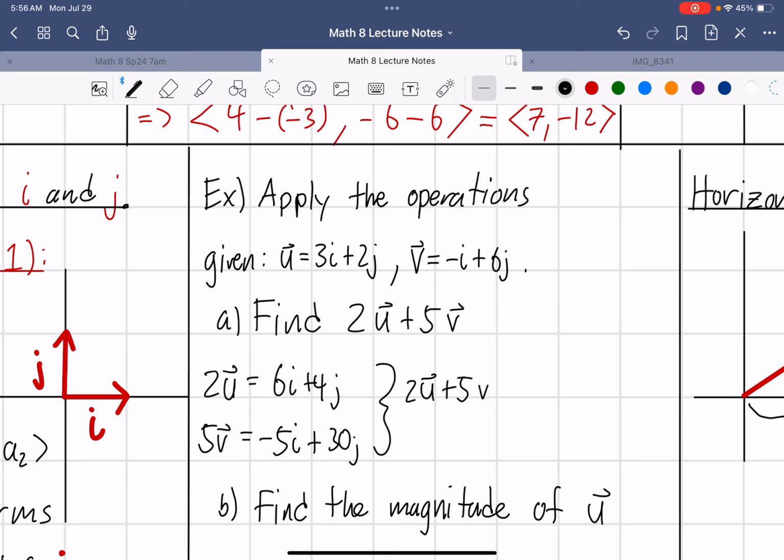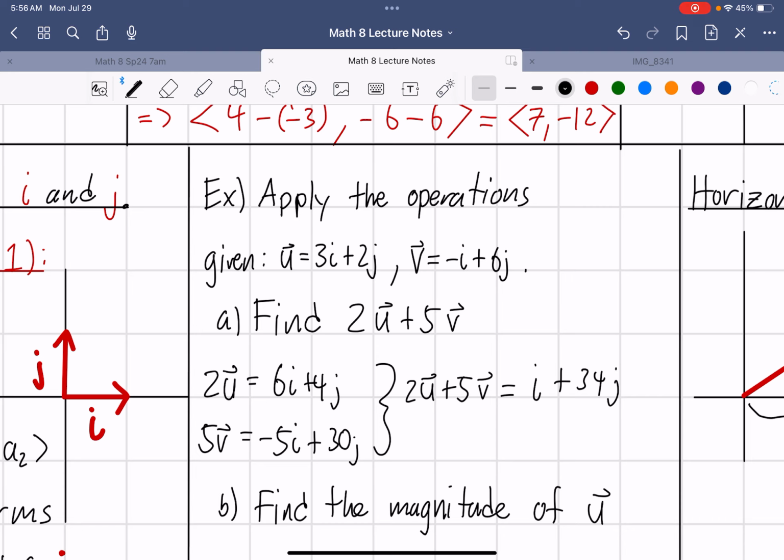Now adding these two together, to add vectors, remember, all you do is add the corresponding components with each other. So essentially 6 plus negative 5 is just positive 1i, plus, well, 4 plus 30 is going to give me 34j.